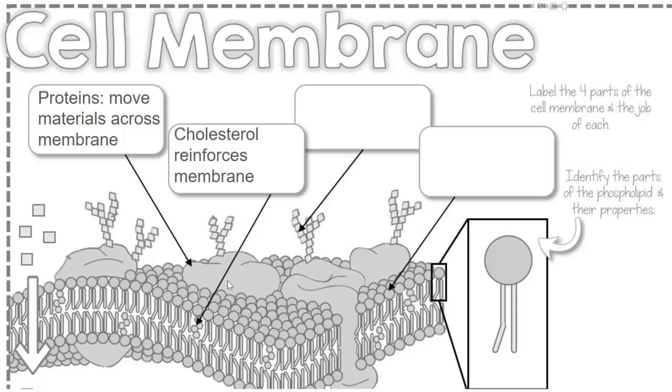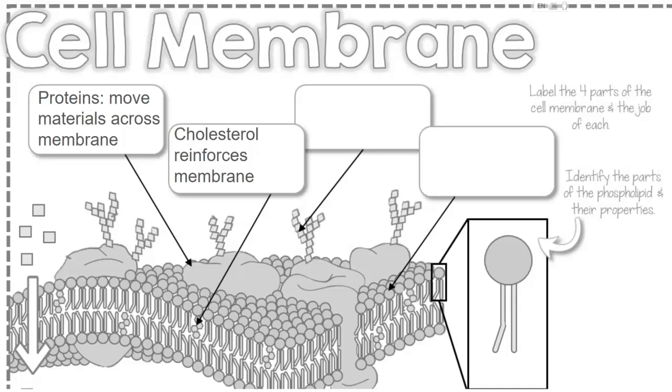Okay. Another important component, this is a little more than we need to know for this year, but it's good to know what cholesterol is and what it does in our bodies. Cholesterol is something that strengthens our membranes. They actually make them stronger because they make it more flexible.